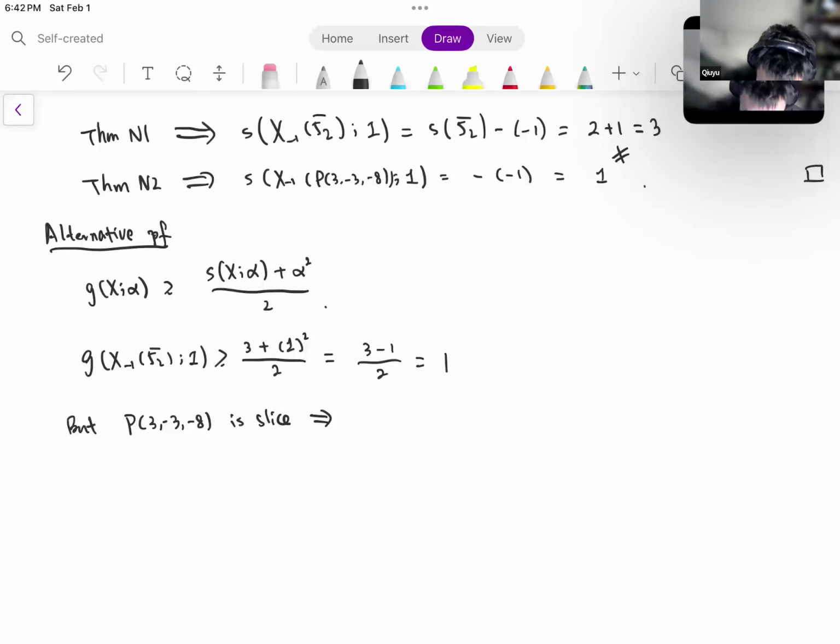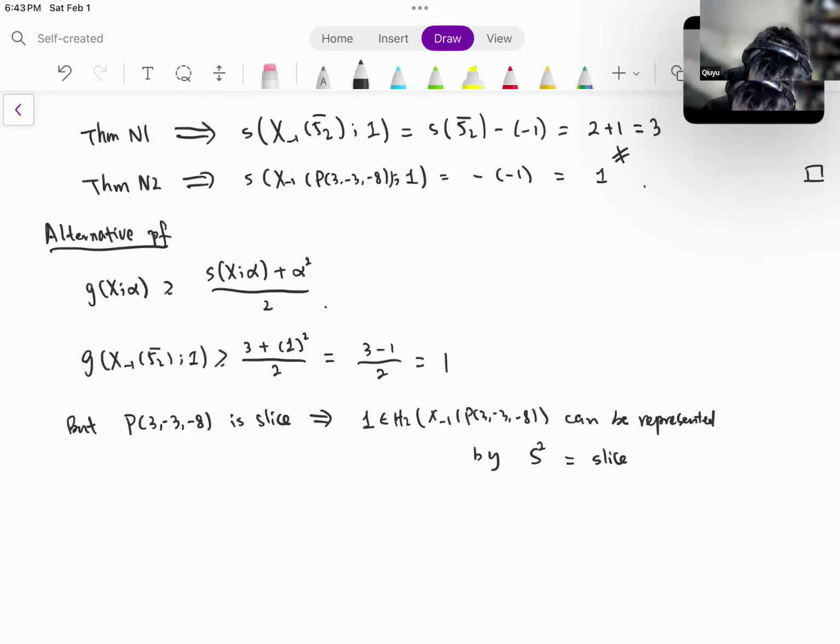This implies that class 1 in the second manifold can actually be represented by a two-sphere. Namely, if you take the slice disk and you cap it off by the core of the two-handle you are attaching, then that gives you a smoothly embedded two-sphere representing the primitive class 1.